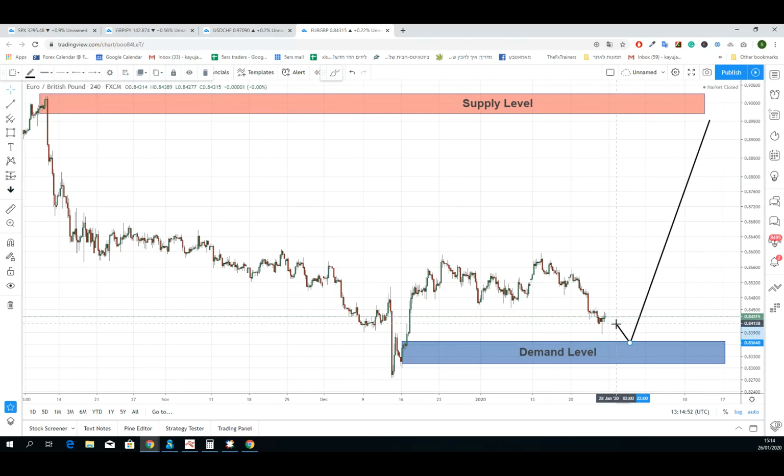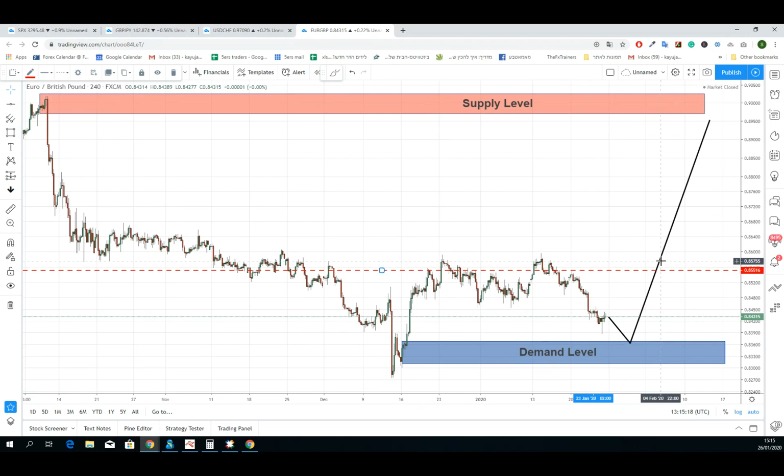Another option that might happen is that the price won't reach this demand and just continues to go up from that level. I'll mark the line, and I will wait for the price to break out of at least this level again.